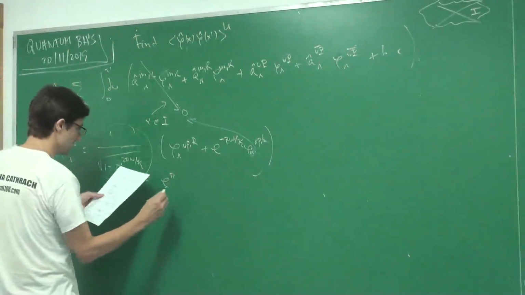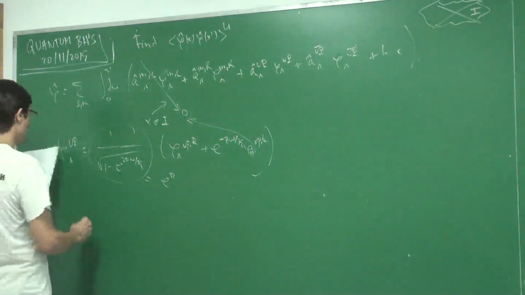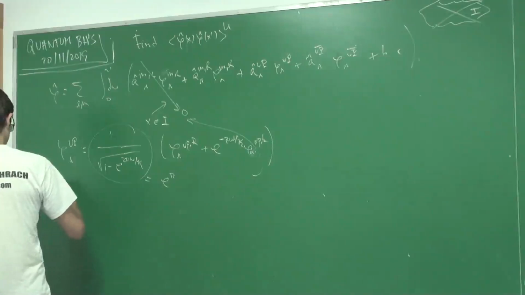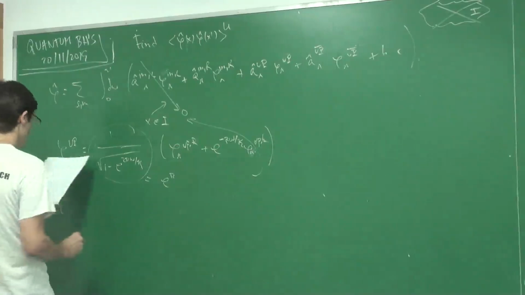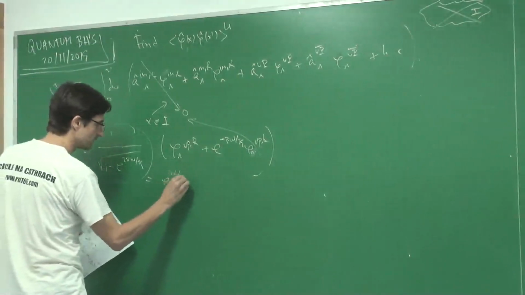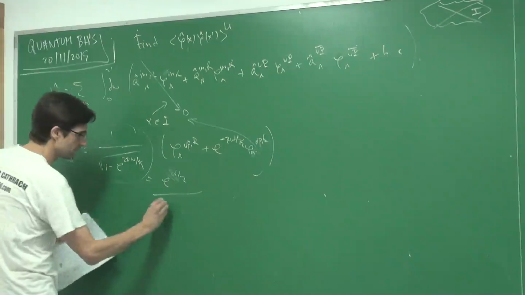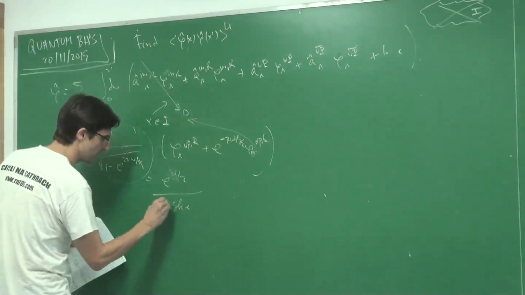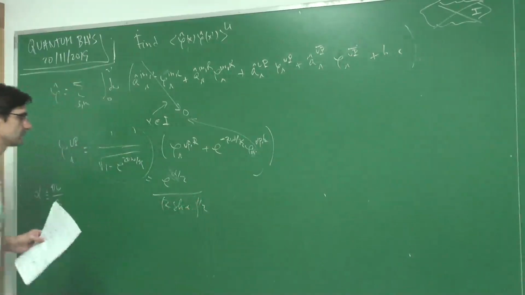You can rewrite this. Let's call alpha pi omega over kappa. So you can rewrite this as exponential of alpha over 2, times sinh of alpha squared.